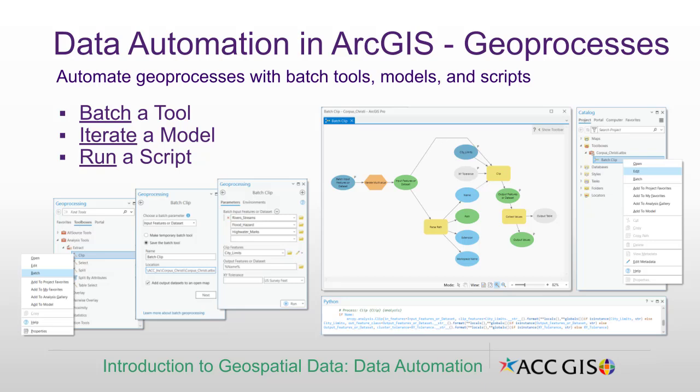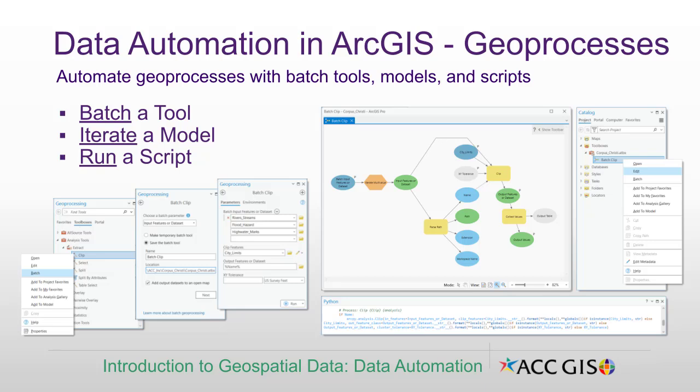In this case, I'm choosing a batch parameter to be input features. If you look at the resulting batch geoprocess I've created, you can see that the batch input features can be changed, in this case to contours, creeks, and flood zones, but we're utilizing the same clip features and a parameter for the output feature class so that we can run this tool once but generate 3 different clipped files.